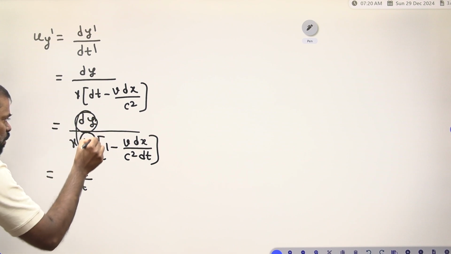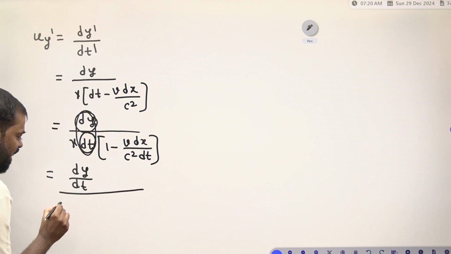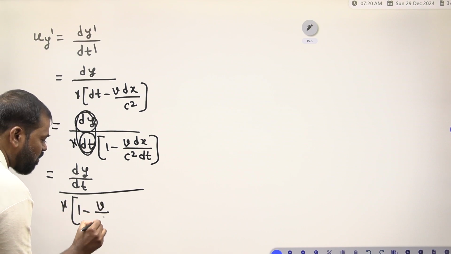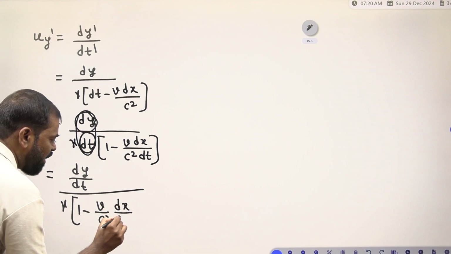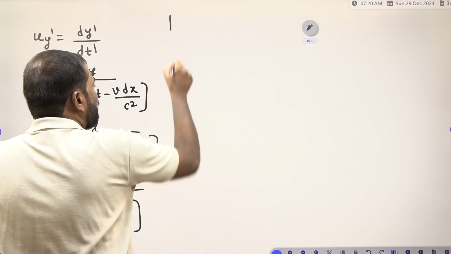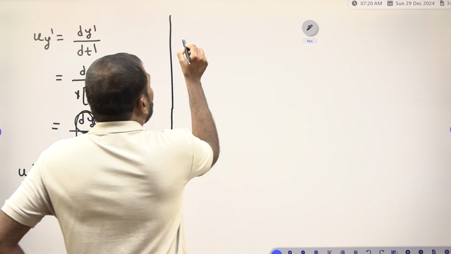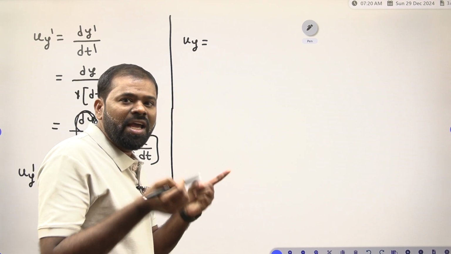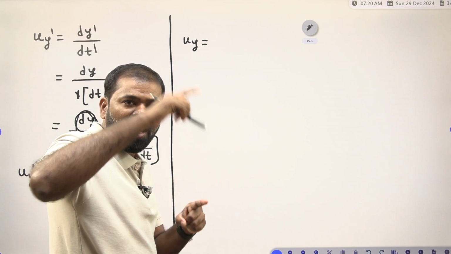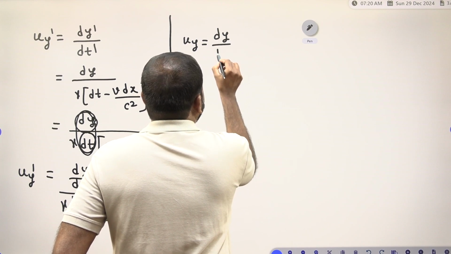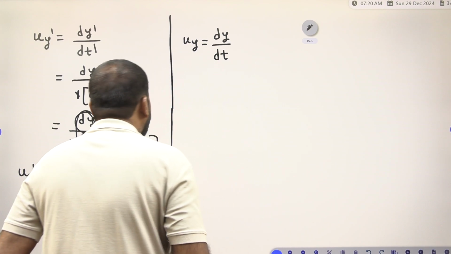So this is 1 divided by gamma into 1 minus v by c square into dx by dt. But you know that u_y is the velocity in the S frame along the y axis, that is equal to dy by dt, correct? u_y is equal to dy by dt.